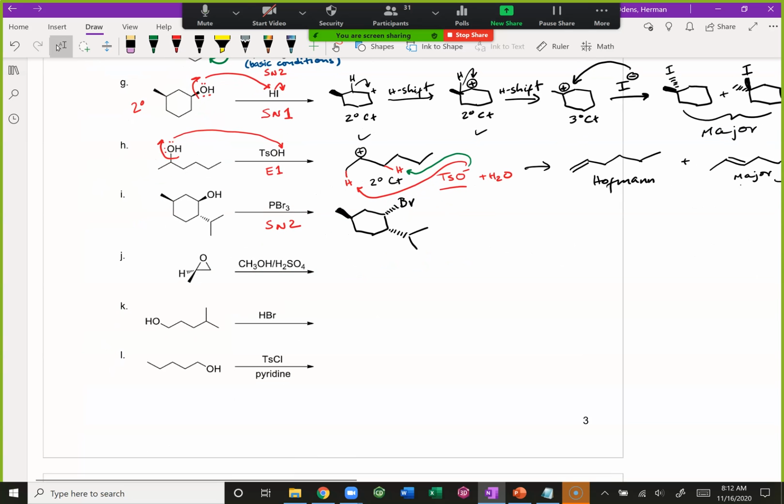All right, the next reaction is ring opening of an epoxide under acidic conditions. The base is the O, it grabs the H from this acid, and now you form this intermediate that is elongated like that.